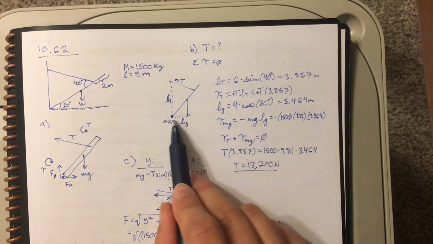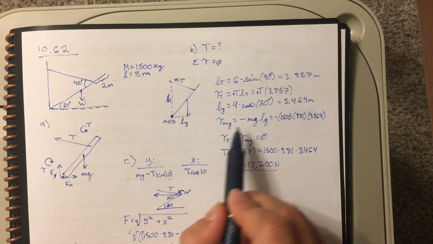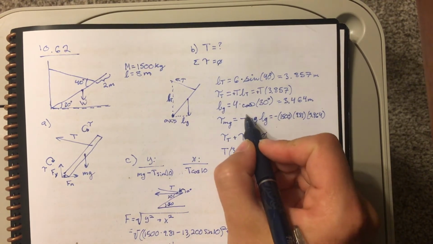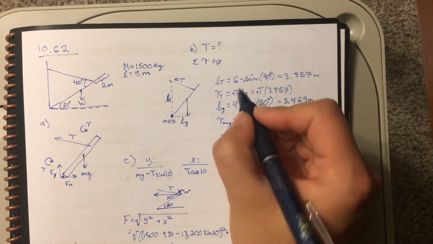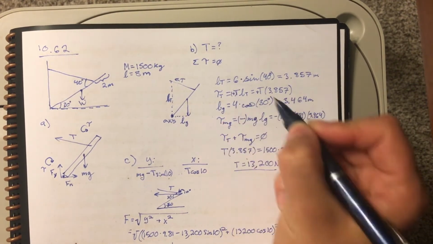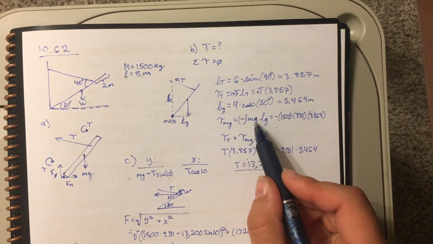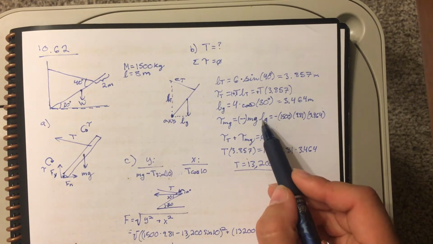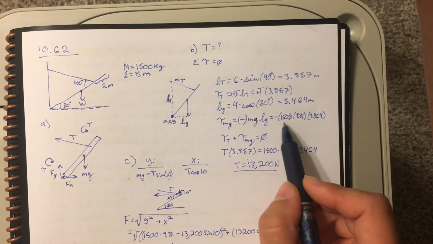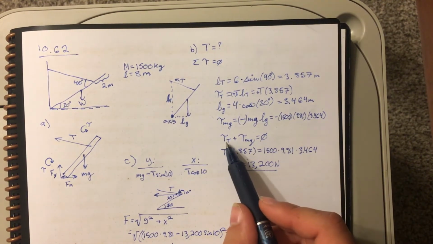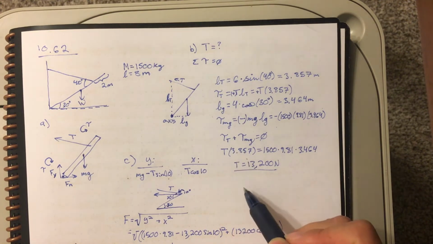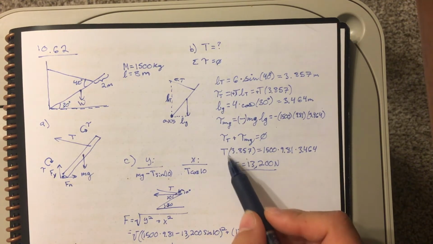Torque equals negative, because it's going in the opposite direction. You can put that in the parentheses here: mass times gravity times cursive LG equals yada yada.